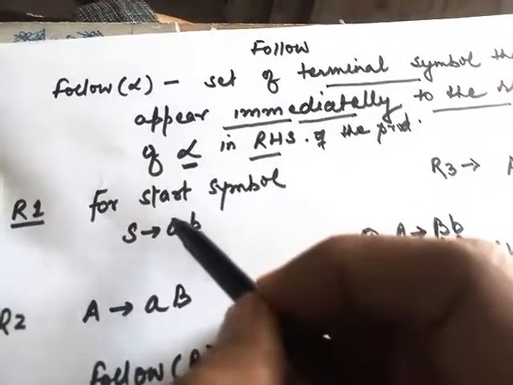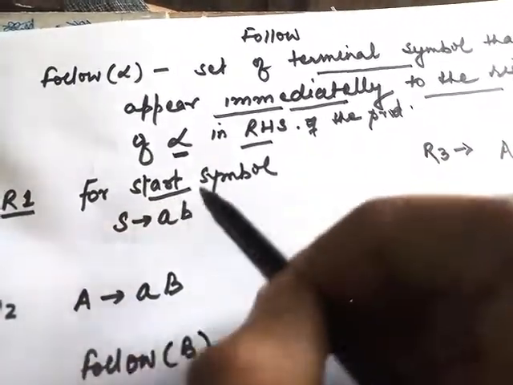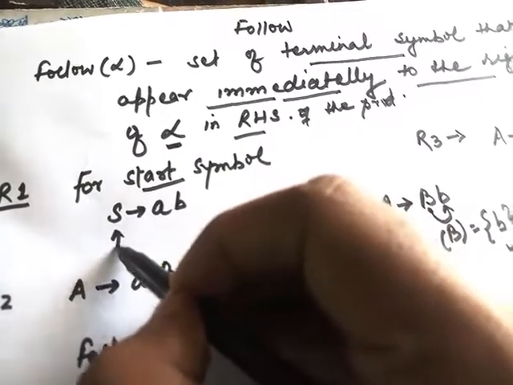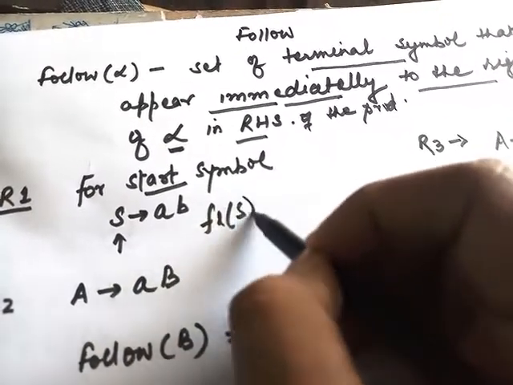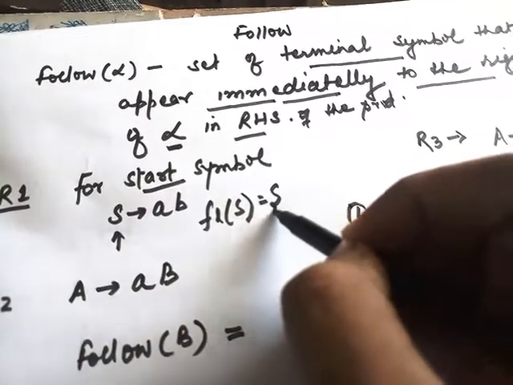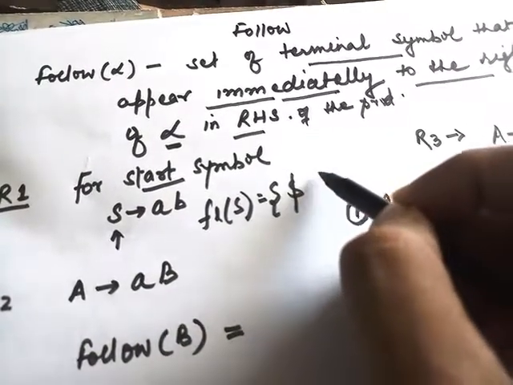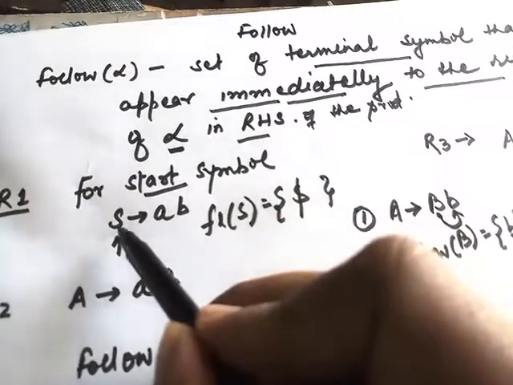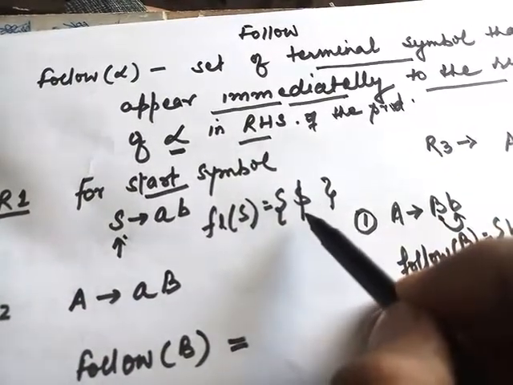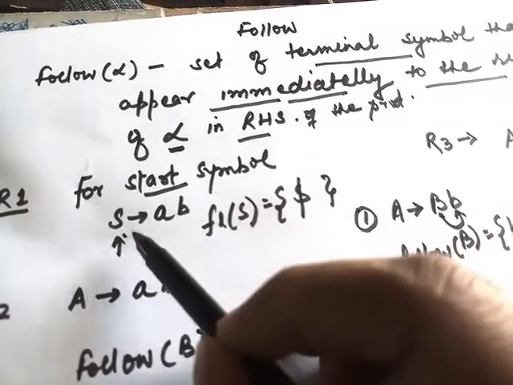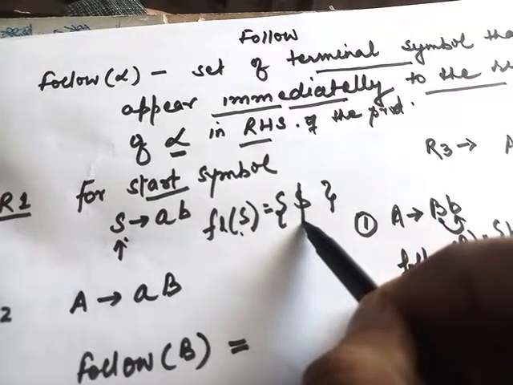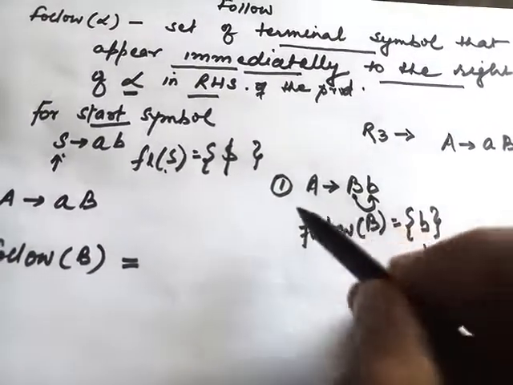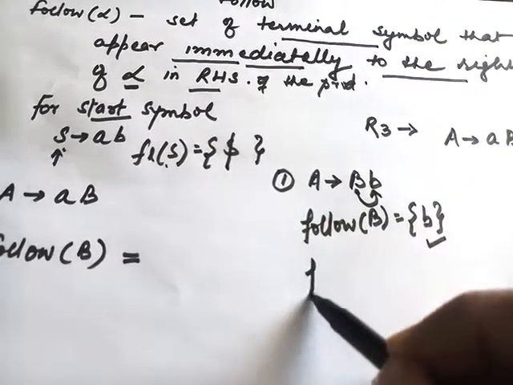Rule number one is, for a start symbol, for example this S, what is the follow of S? The follow of a start symbol is always dollar. Just remember that if S is a start symbol, then the follow of S is dollar. Clear? So in this case, what is the follow of A?